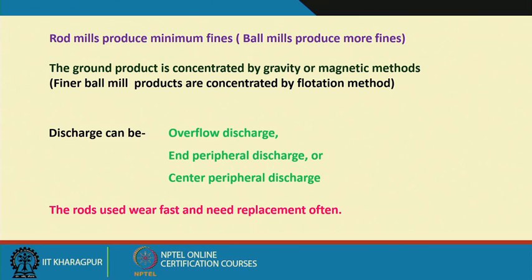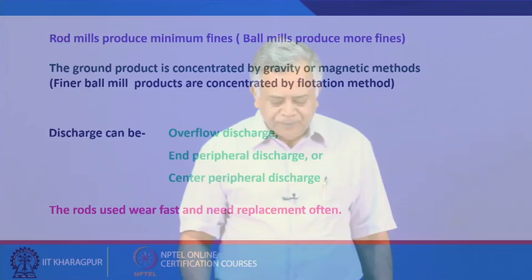In ball mills you do not have this preferential breakage, because of the mechanism involved. So ball mills generally generate a relatively higher proportion of fines than a rod mill, and the rod mill product has a closer size range.